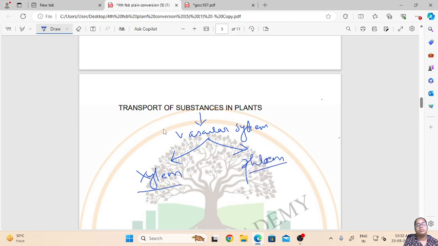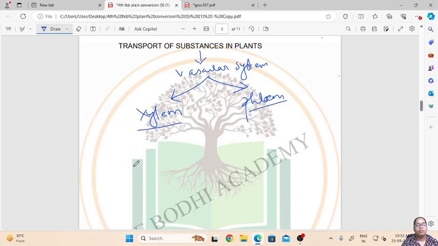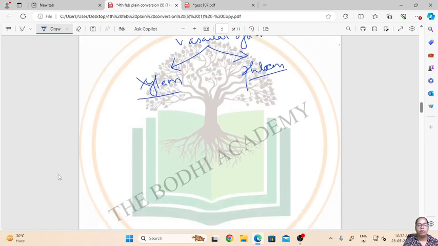So the plants will have an extensive network of the xylem and phloem. These are like pipelines. How we have blood vessels in our body, same way plants will have a vascular system, that is xylem and phloem in the plant body. So xylem is what?